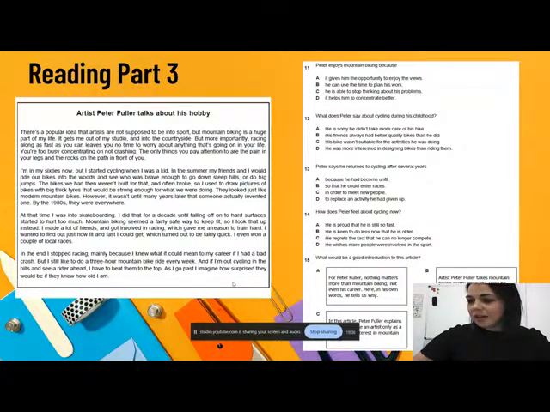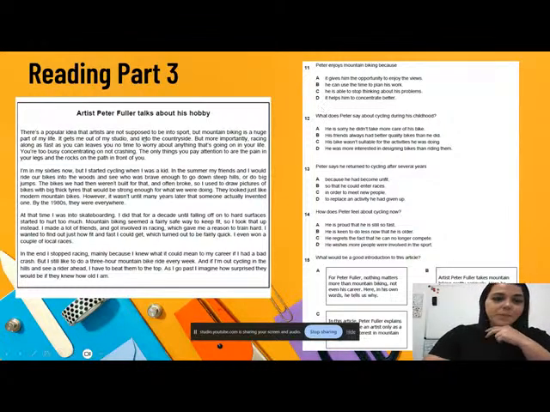Or maybe that's just me or how I'm seeing it. Anyway, so remember, these are our 4 options. Peter enjoys mountain biking because it gives him the opportunity to enjoy views, he can use the time to plan his work, he is able to stop thinking about his problems, or it helps him to concentrate better.